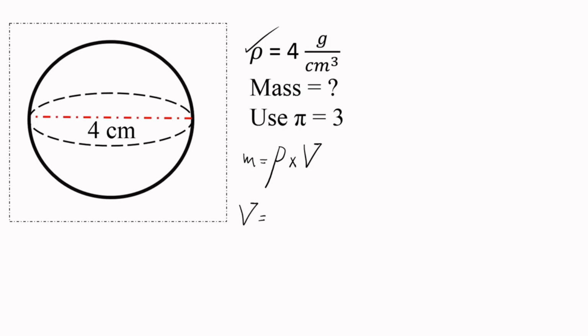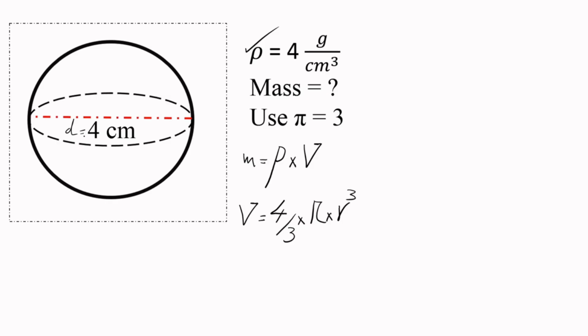What was the formula for calculating the volume of a sphere? It was 4 over 3 times pi times r to the power of 3. Do I have the value of r? No, I do not have. I have diameter here. Should I rewrite the formula based on diameter? Yes, you can do that if you have a lot of time, but I'm not going to do that because it's going to be time consuming.